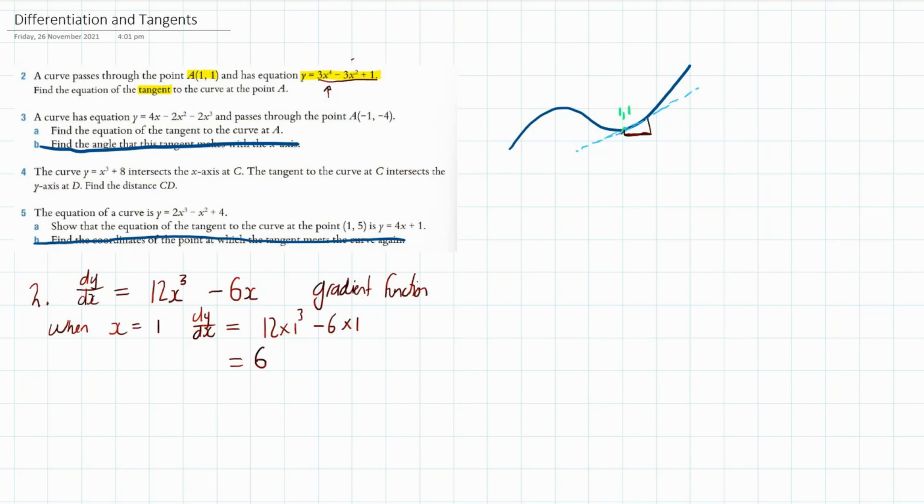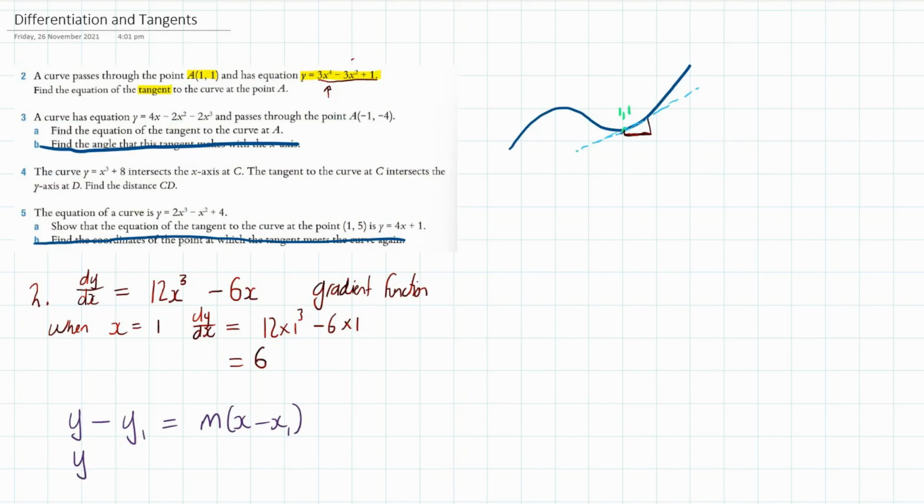So when we have a point on the curve, we can use our line equation, and we know that the line equation is y minus y1 equals m into x minus x1. Let's put in those values.